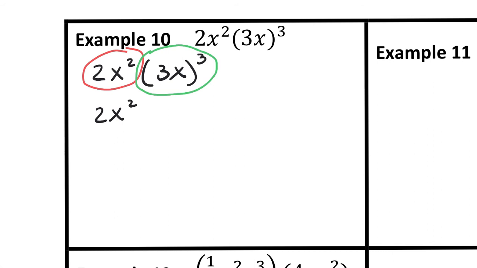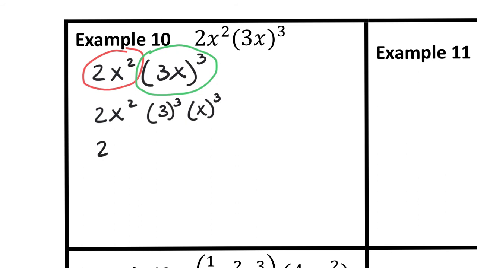what's going to happen there is the 3 is going to be raised to the power of 3, and the x is going to be raised to the power of 3. So everything in here in the parentheses, the 3 is being raised to the power of 3, and the x is being raised to the power of 3.